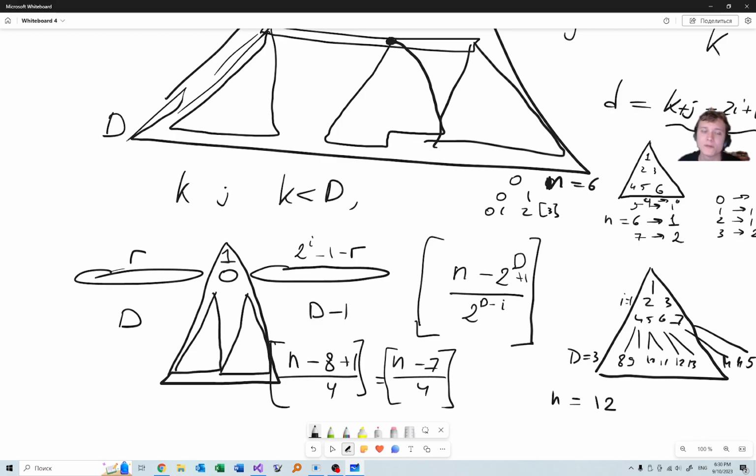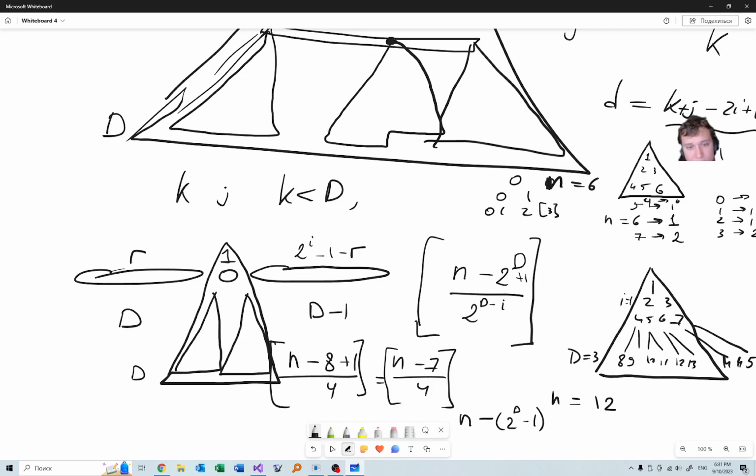So first of all, we need to find out how many Ds we have here. And this should be easy, because we need to take n. First of all, we need to subtract all these top vertices, so n minus 2 to the power of d minus 1.